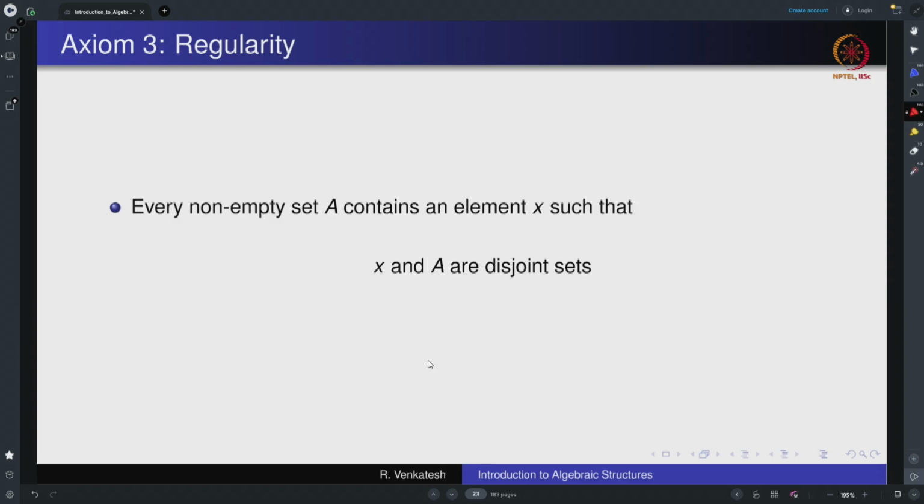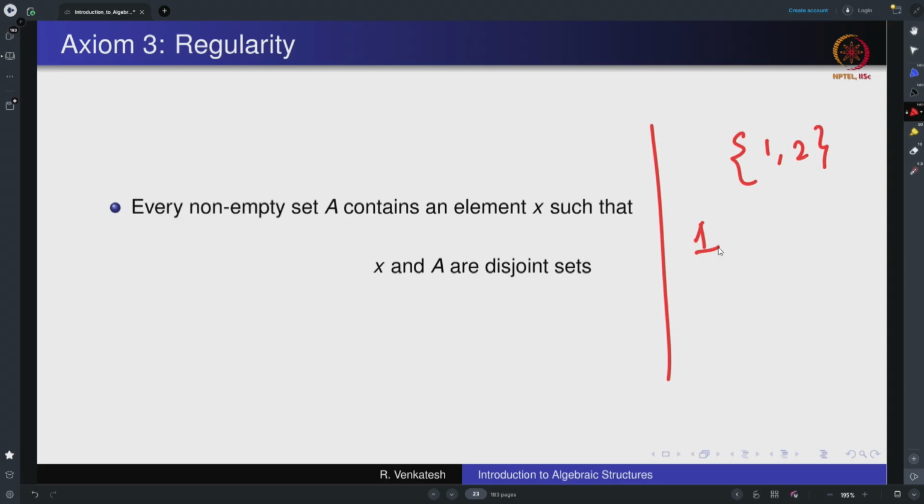What is the third axiom? The third axiom talks about regularity. Regularity tells us, given a non-empty set A and an element inside that set A, what the relationship is between those two sets. For example, I can take the set {1, 2} and the element 1.